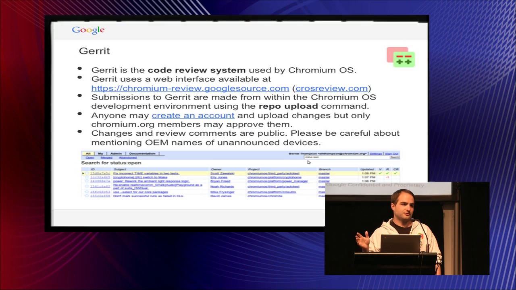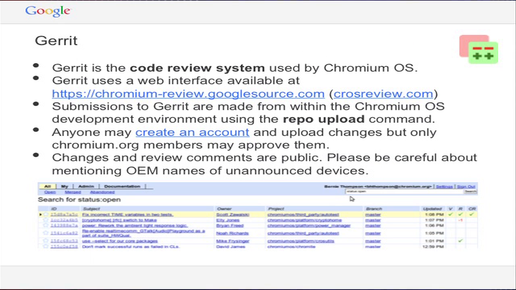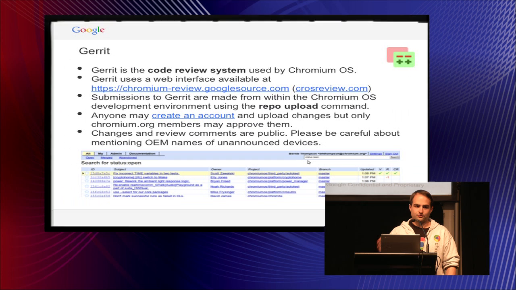So I would encourage you to create an account and try to put up a change if you haven't done so, and you have any interest in developing on Chrome OS. And keep in mind, since Chrome OS is open source, or at least Chromium OS, all the major components are actually on here. So you can see almost everything going on by looking through this website, and you can contribute to it yourself, no matter where you're from.